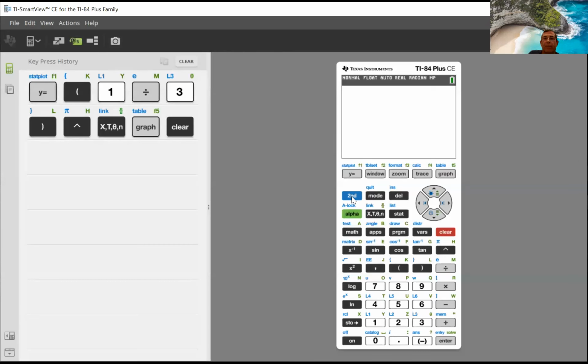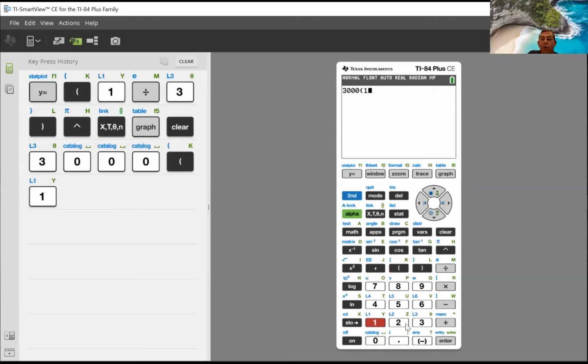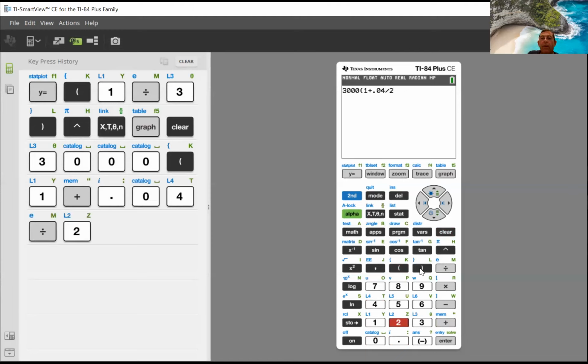All right, so let me get off the graphing. So I had 3,000 parentheses 1 plus my 0.04 divided by 2, close those parentheses, and then our exponent was 2 times 10. Whoops, I don't know what I did there. All right, let me start over.